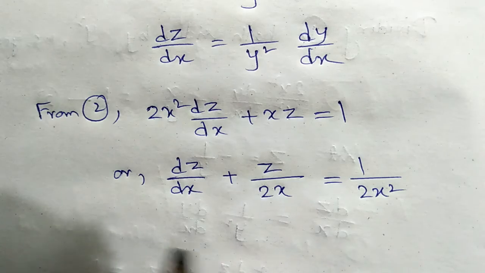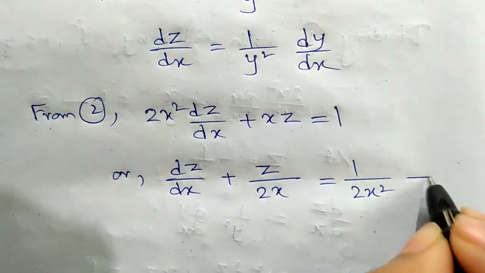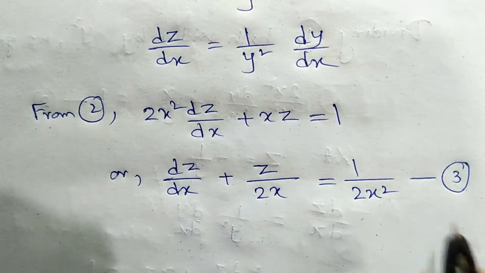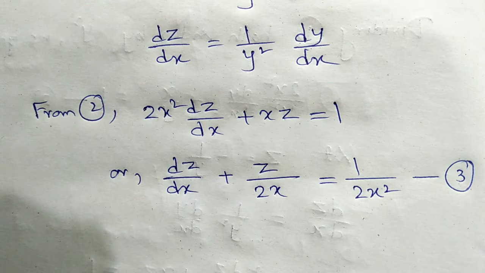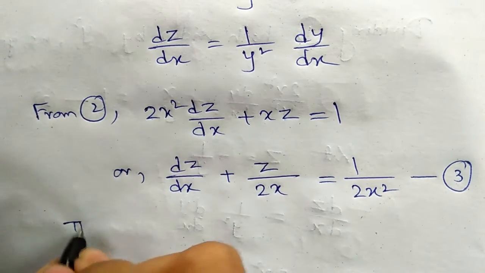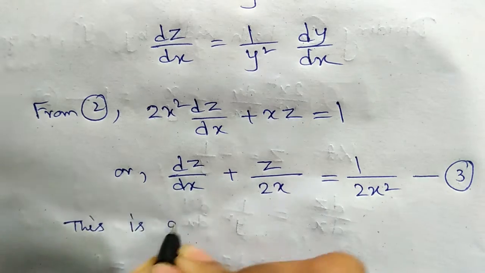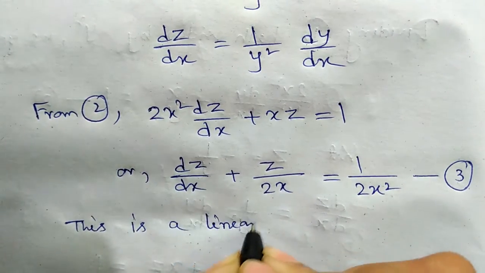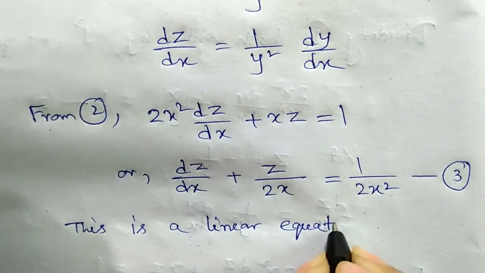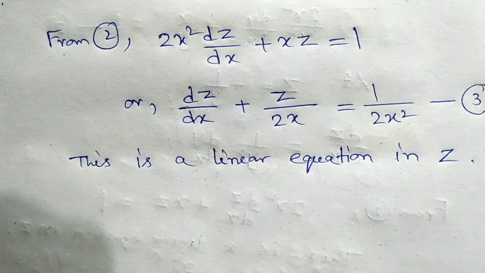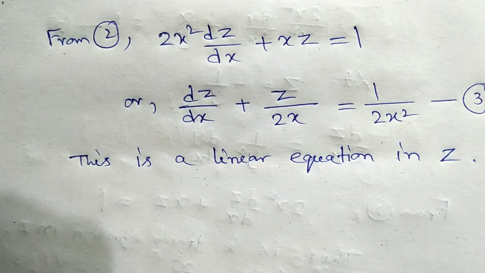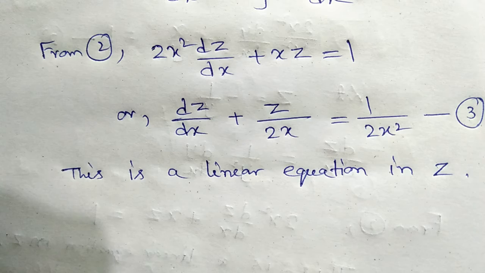Now notice that this equation, suppose this is 3, equation 3 becomes a linear equation of first order in z, and we already discussed how to solve a linear equation of first order.